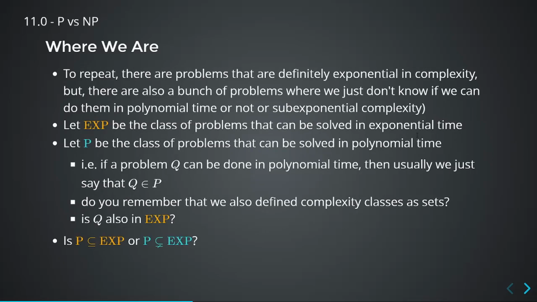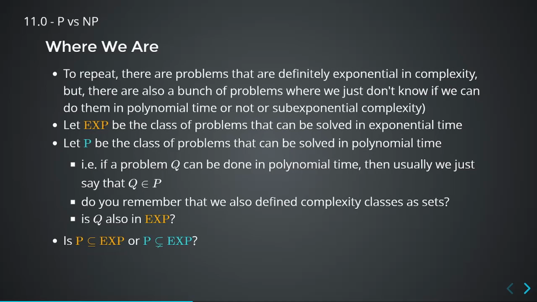So to repeat, there are problems that are definitely exponential, as in you can't do better. But there's also a bunch of problems where we just don't know. Maybe it can be done in polynomial time. And let's define a few notations to make the explanation easier. So we're going to say EXP is the class of problems that can be solved in exponential time, and P is the class of problems that can be solved in polynomial time.